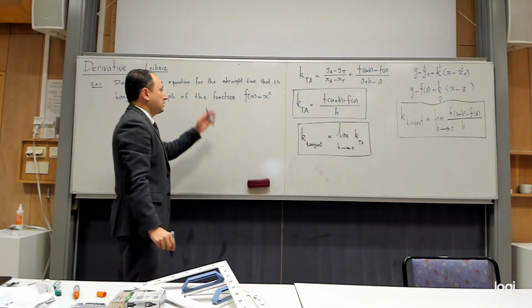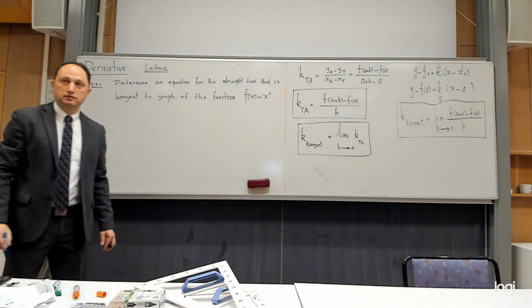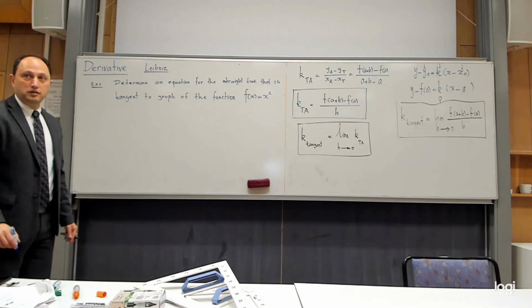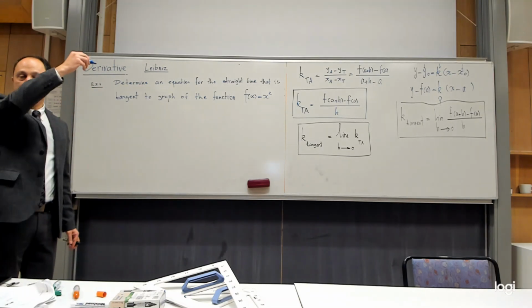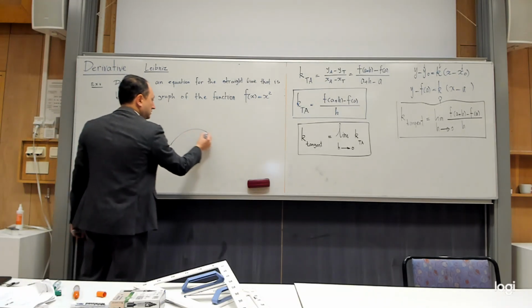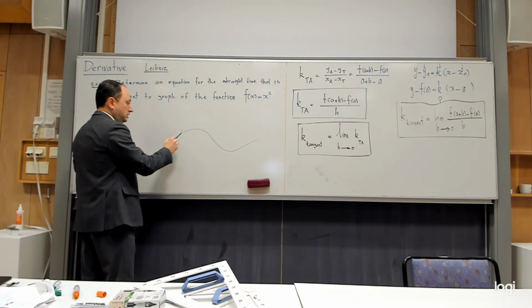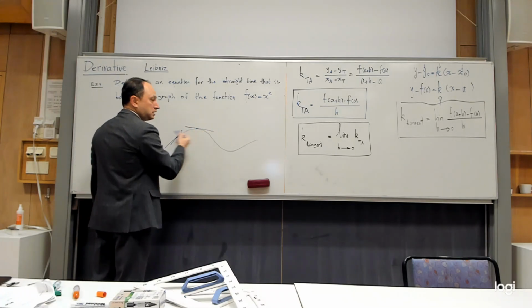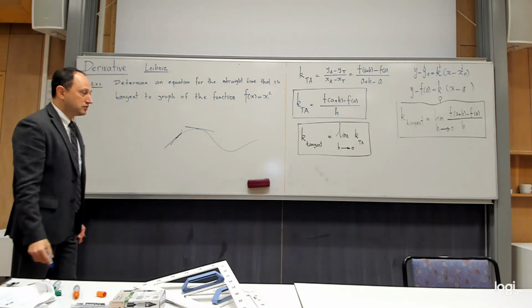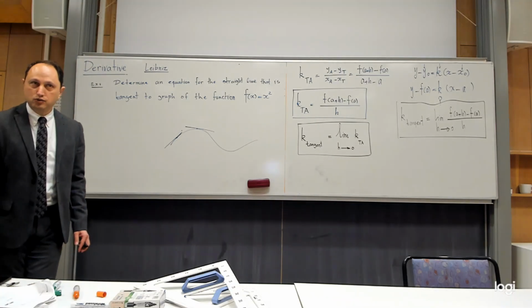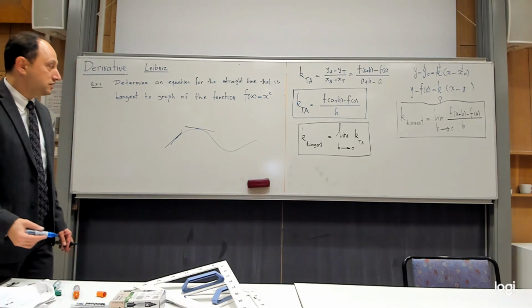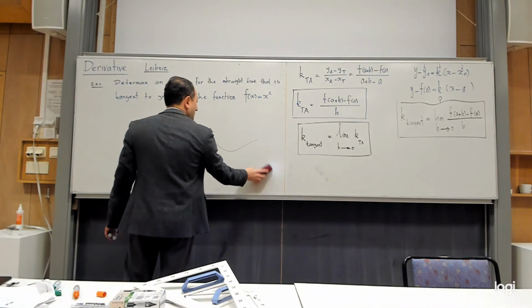Okay, do you think that I can stop here? Why? I have to give you the point, because if you have a curve, I can have a tangent line here, this would be this line, I can have a tangent line here, these are different lines. So I cannot just give you the curve and ask you to find an equation for the tangent line. There is no tangent line unless I give you the point.